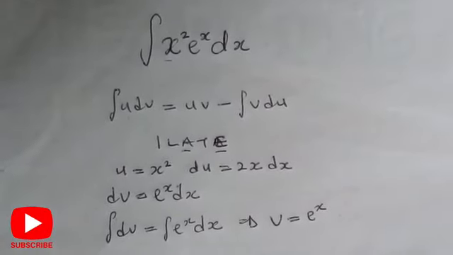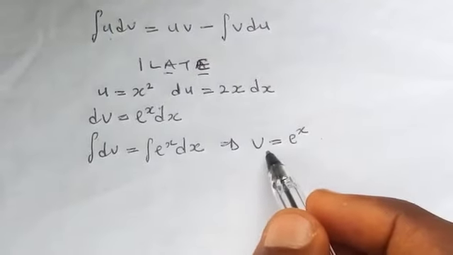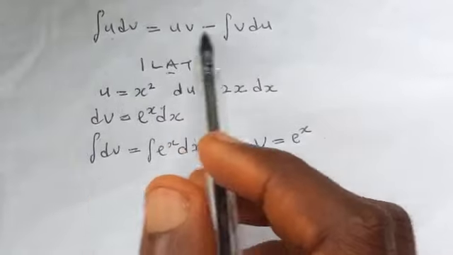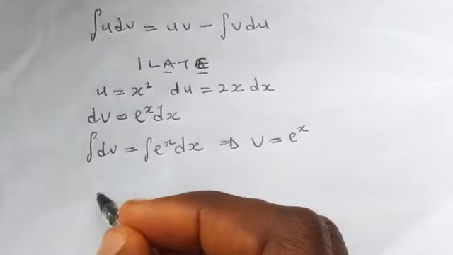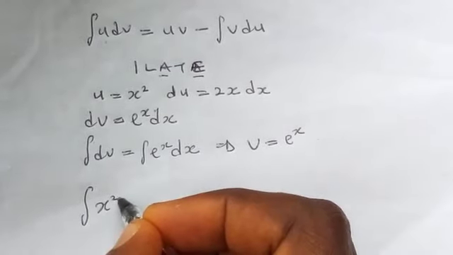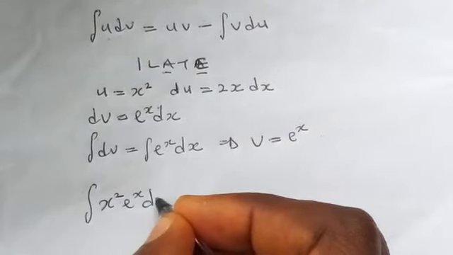Now the next thing is to substitute this v and u into the formula. So this will now be integral of u, which is x raised to power 2, times dv, which is e raised to power x dx.